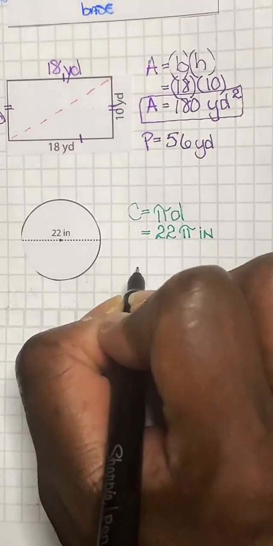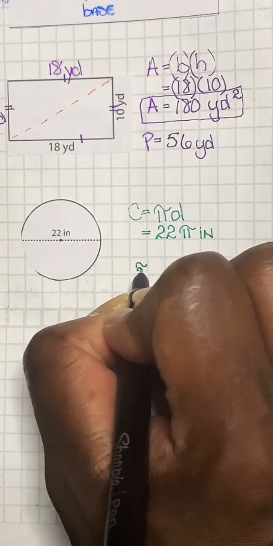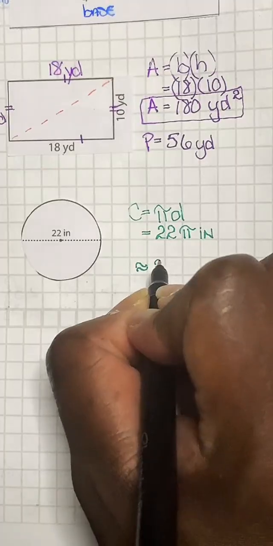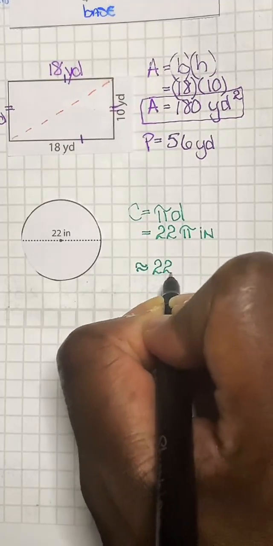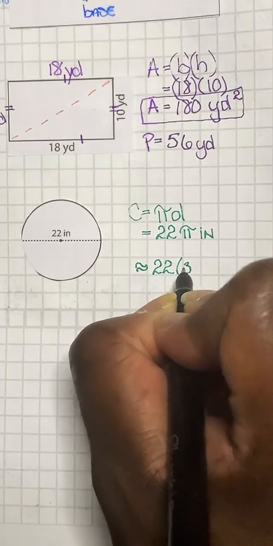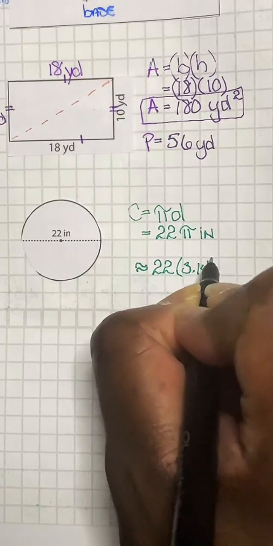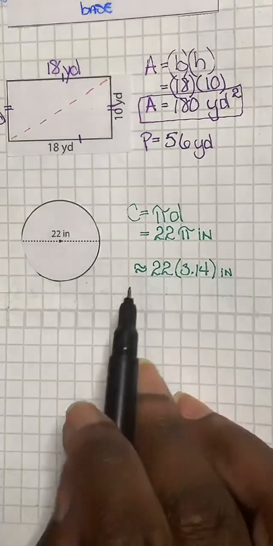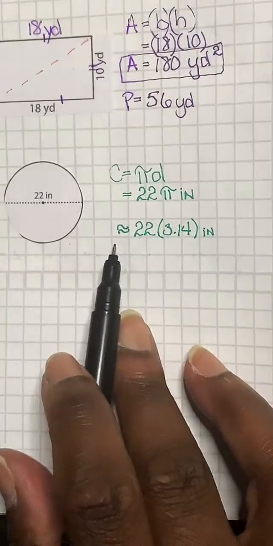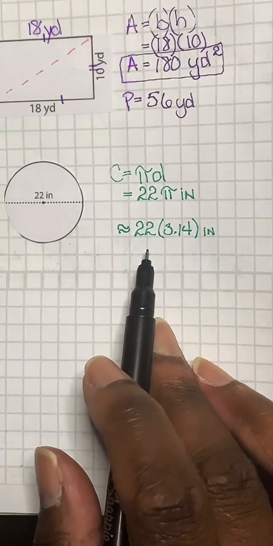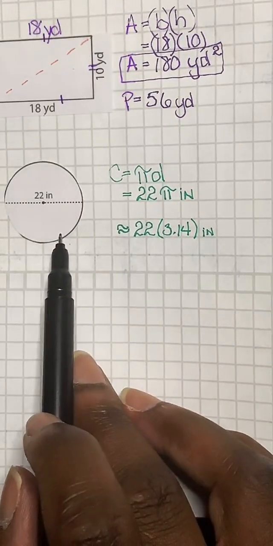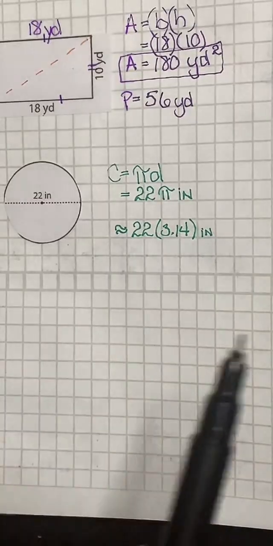Okay, so this is the exact answer. If they want an approximation, they'll tell you, we want you to take 22 times 3.14. And when you're taking the exams, you need to take a look at your answer choices. So anytime they give you a circle, read the question.